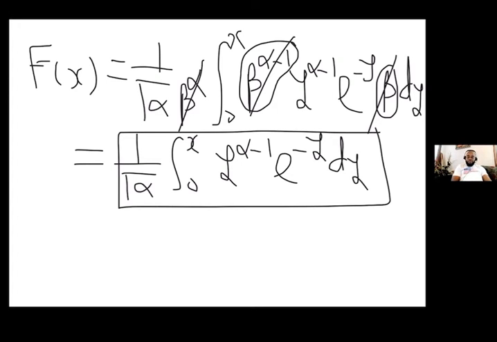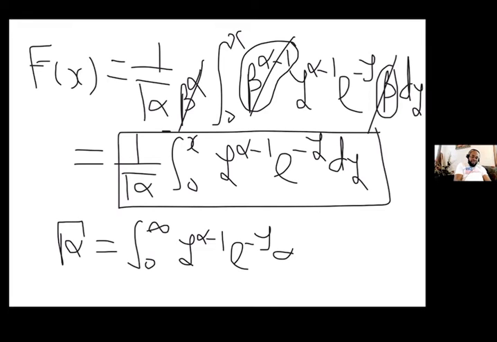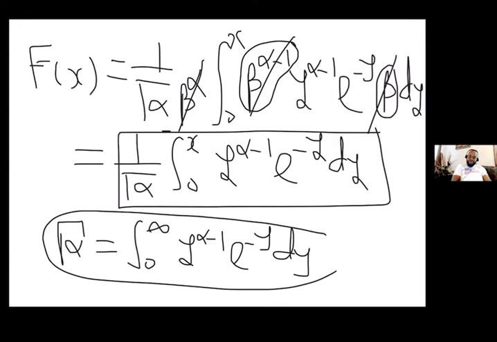if the upper limit is infinity, can somebody tell me what I'm going to get? Take a look at this guy here. You know that gamma alpha, from the integral definition, is 0 to infinity y raised to power alpha minus 1, exponential raised to power minus y dy.